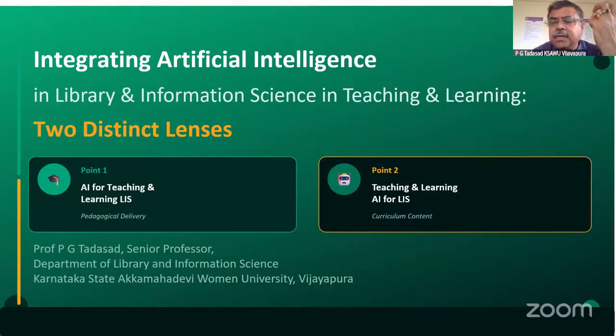The discussion has started. Like integrating AI in collection development, this also requires money. It requires institutional support, everything. But what are the opportunities available and what are the challenges that we have to face while integrating AI into the LIS education component?